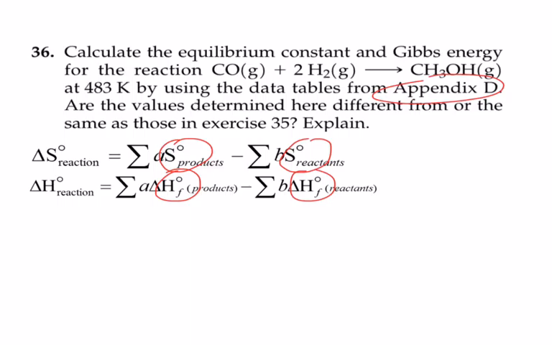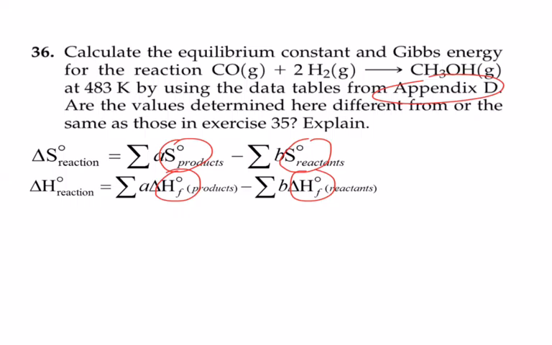You have to use the values from Appendix D to come up with your delta H and your delta S. And then you use that fourth equation to come up with your delta G. And then once you have your delta G, it's like we did with the methane problem. You're going to backtrack to get K using that fifth equation.